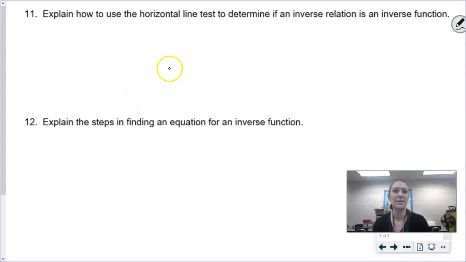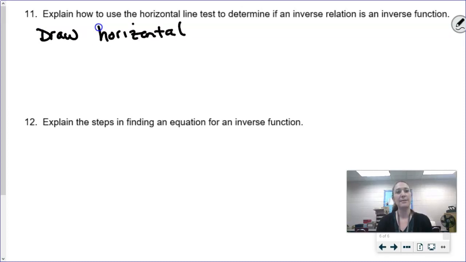Okay, explain how to use the horizontal line test to determine if an inverse relation is an inverse function. So you draw horizontal lines on the original.